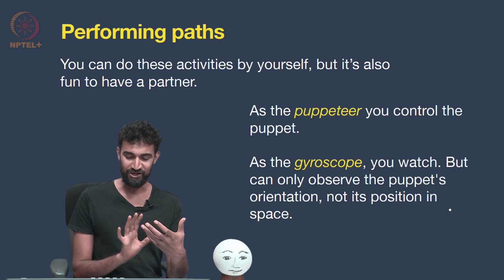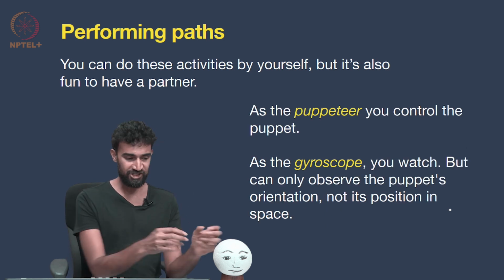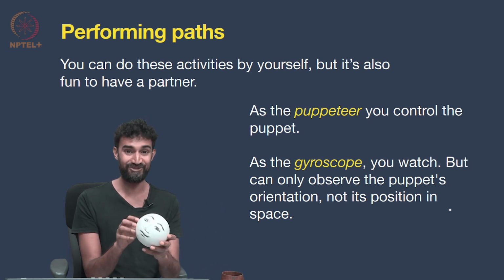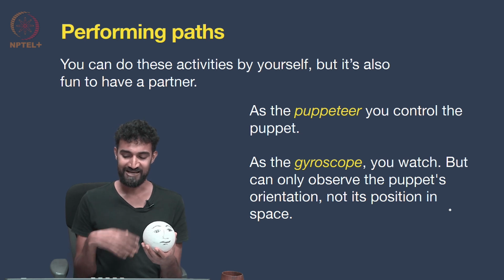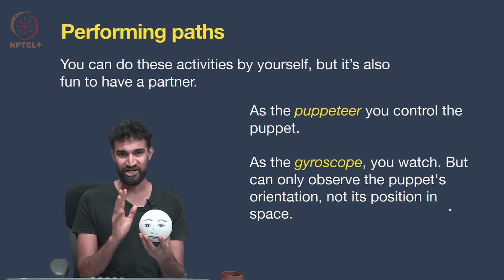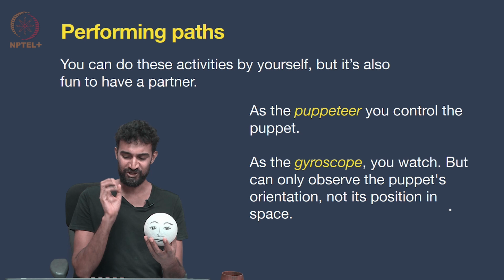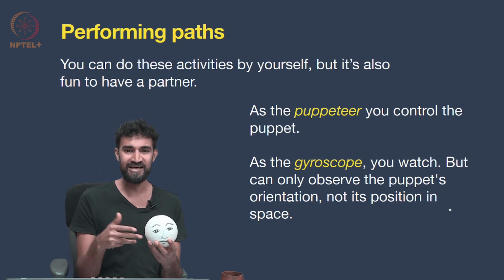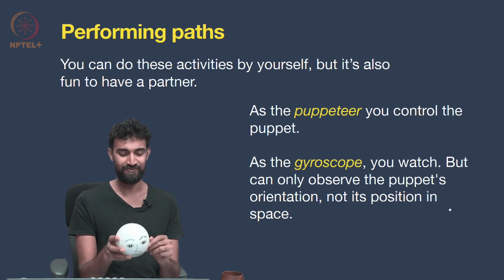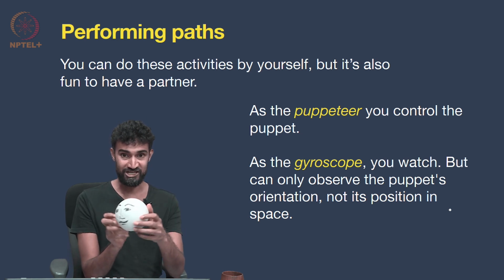So what does the puppeteer role do? Well, it's just simply controlling the puppet and trying to solve the challenge or the puzzle. As the gyroscope, you're watching what the puppet does, but you can only observe the puppet's orientation. You're ignoring the position. For all of these activities, the position of the puppet doesn't matter. Only its orientation matters.